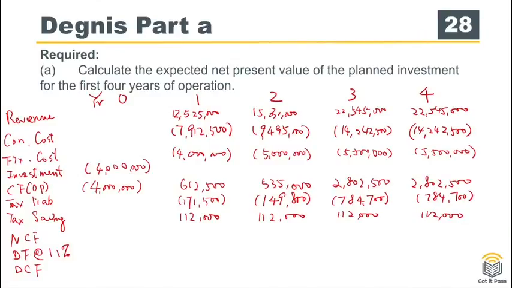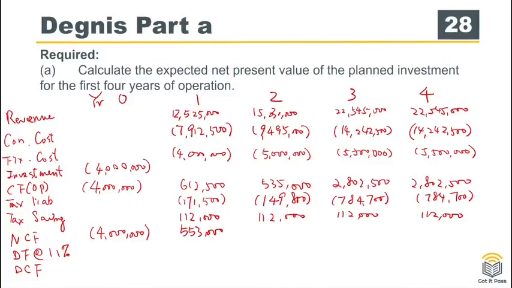And the net cash flow, we got 4 million in the first year, negative cash flow. In the first year, we take the operating cash flow minus the tax liability and add back the tax saving, which is 500,000, and 53,000.